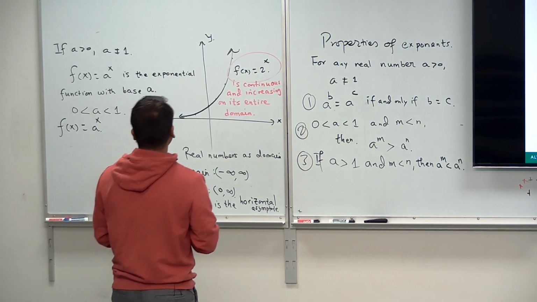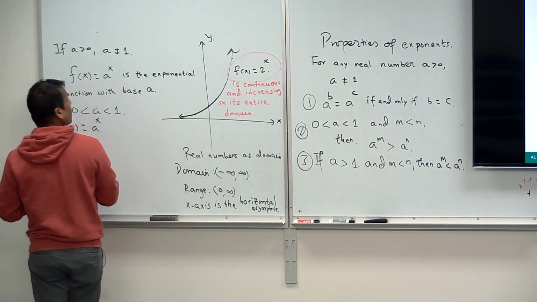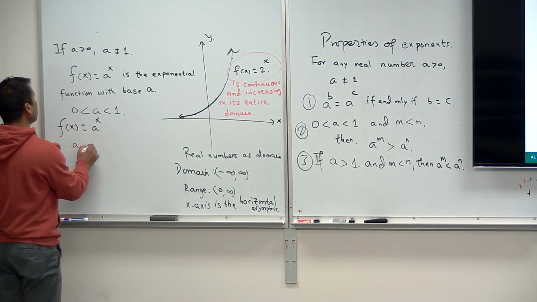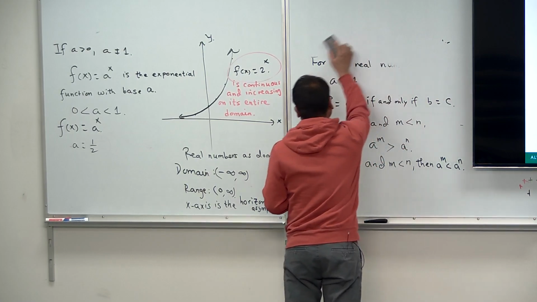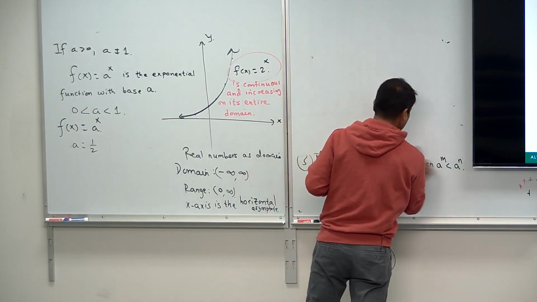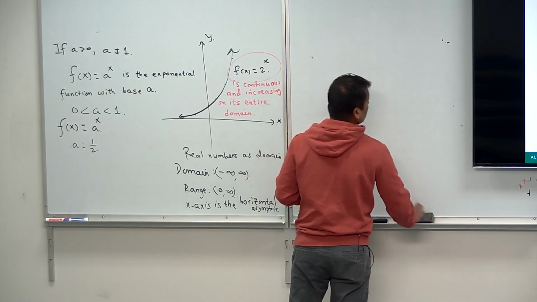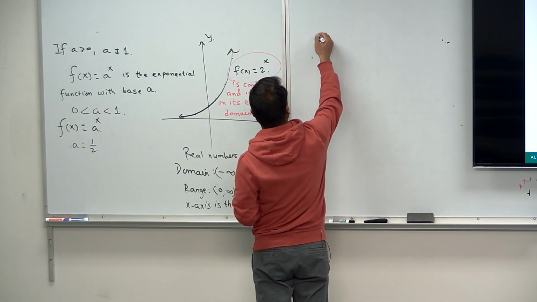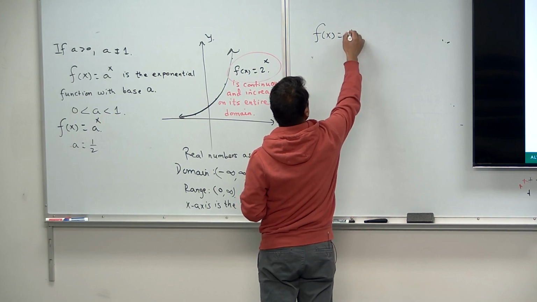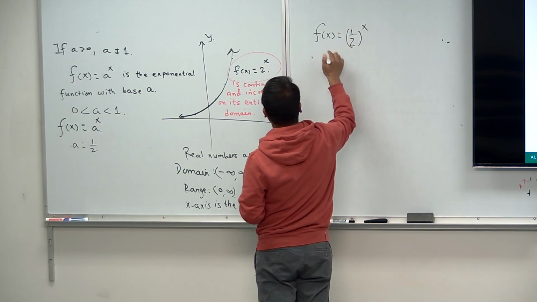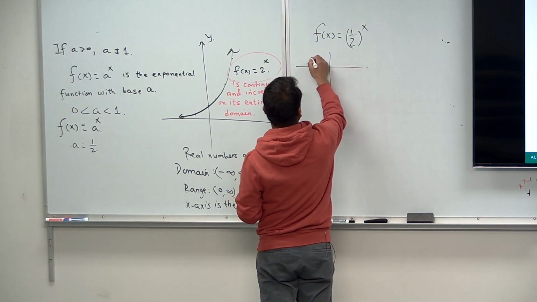So you can simply pick, let's say, a equals 1/2, okay? If you have a equal to 1/2, your function will be 1/2 to the power x. So this is your exponential function, and I want to make a table for that.